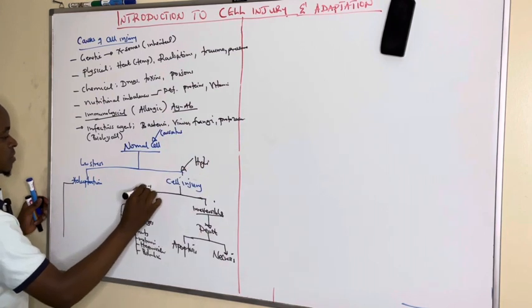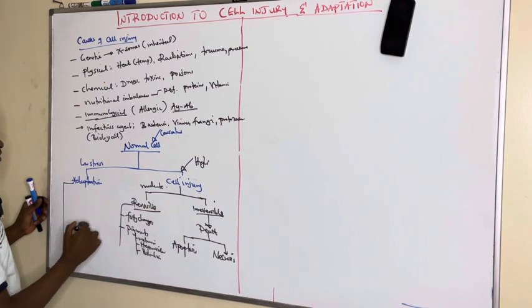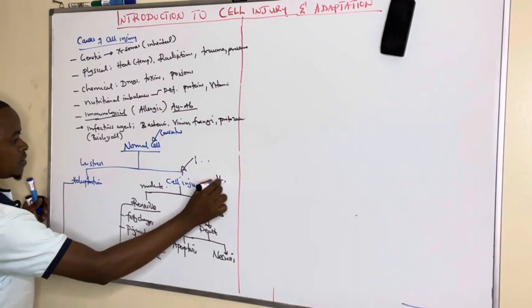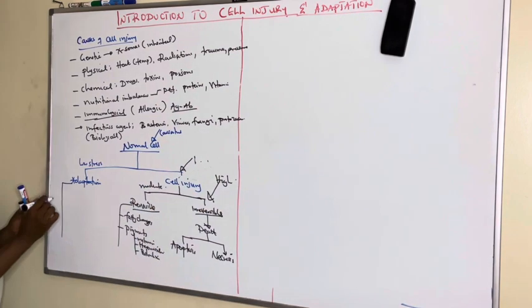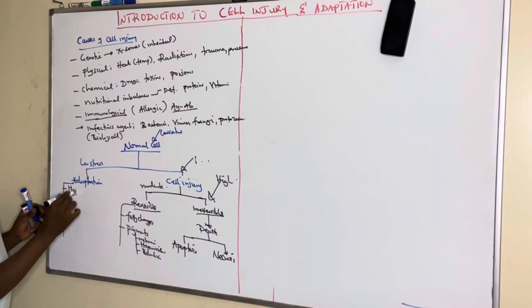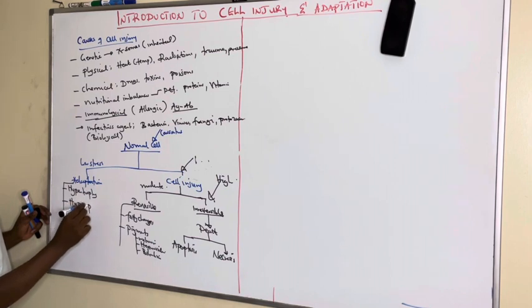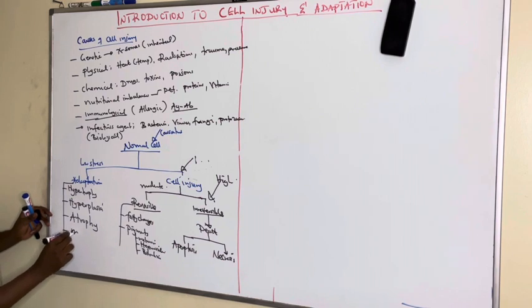Then when it is moderate, it results into reversible, and when it is low, it results into cell adaptation, which shall include hypertrophy, hyperplasia, we shall see atrophy and metaplasia.